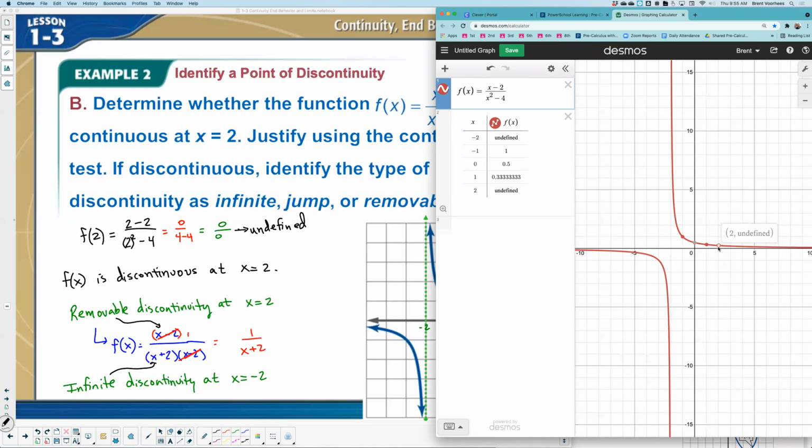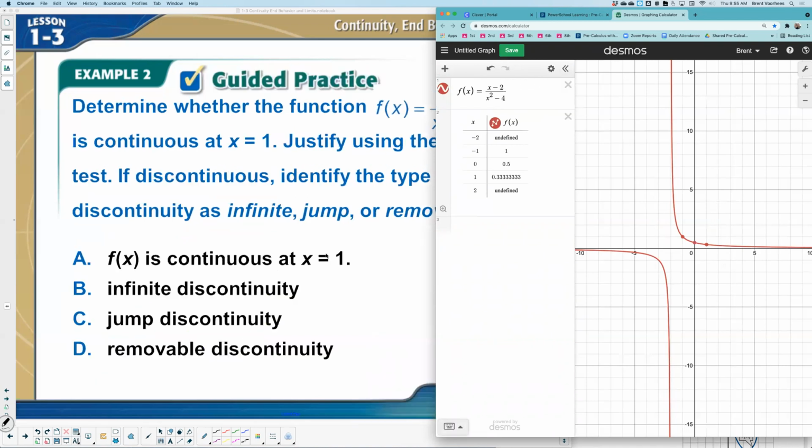As you can see on my Desmos, it has an open circle at 2, but it doesn't show it unless you click it perfectly. And so those two values you can see from the table are undefined. It's undefined at -2 and it's undefined at +2 as well. So you can use your table. Again, you just go to settings and click convert to table, and you can check that way to see if it's undefined or not.